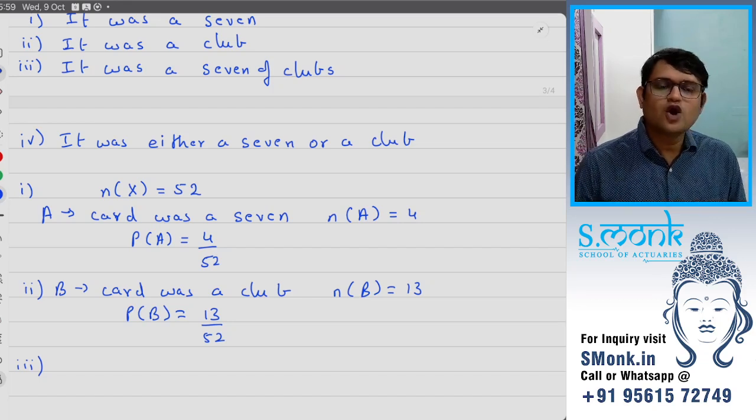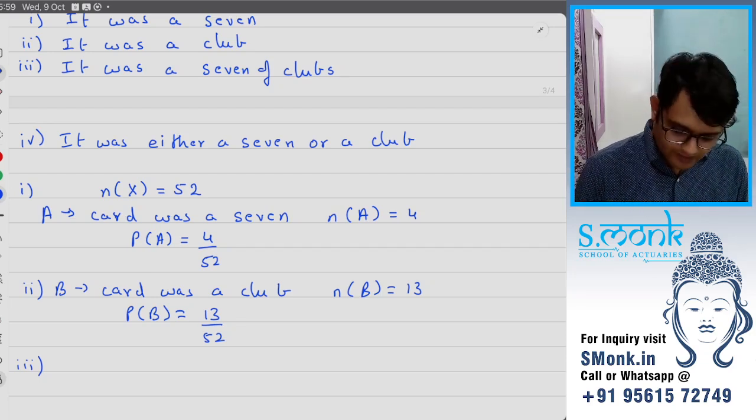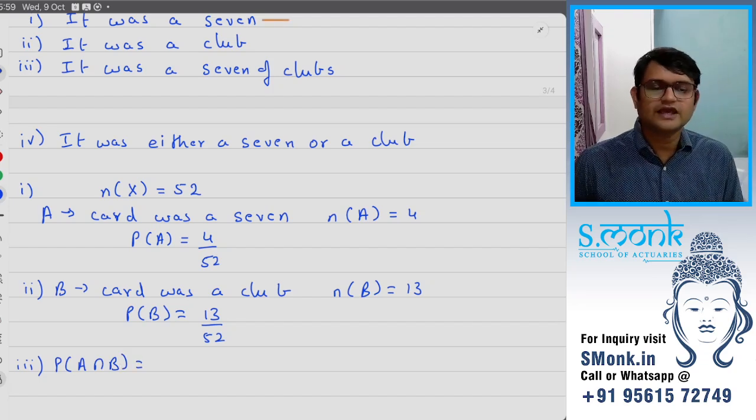So 7 of clubs, that means it is 7 and it is a club. So it's an and. So we'll say it is probability A intersection B, because it is 7 and a club, right?